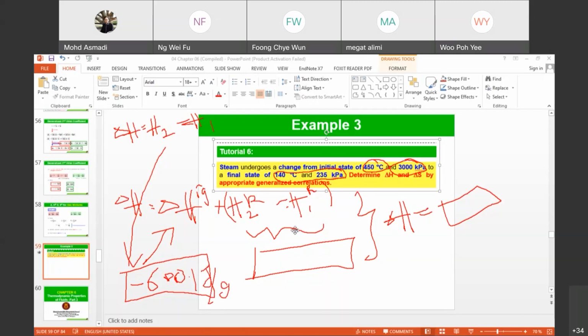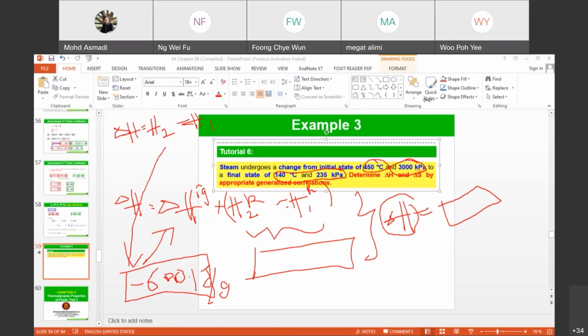Once you determine this, you can get delta H2. Can you determine delta HR2 and delta HR1 and give me the final answer delta H? I think it's okay.